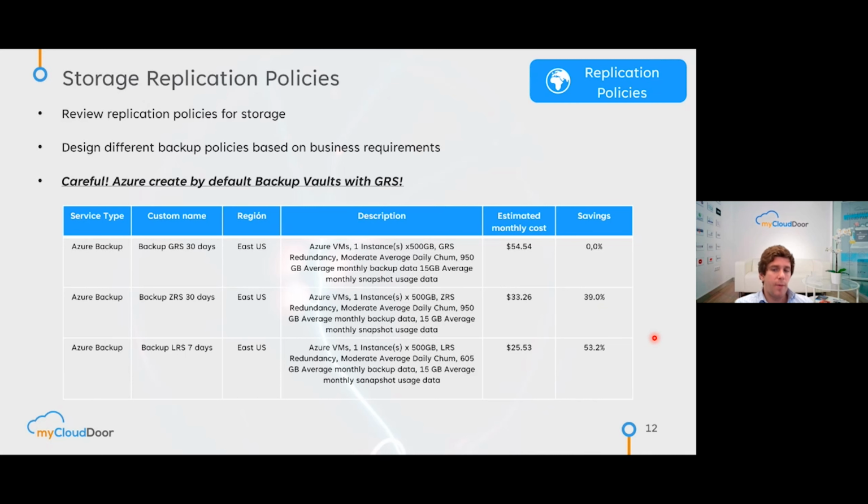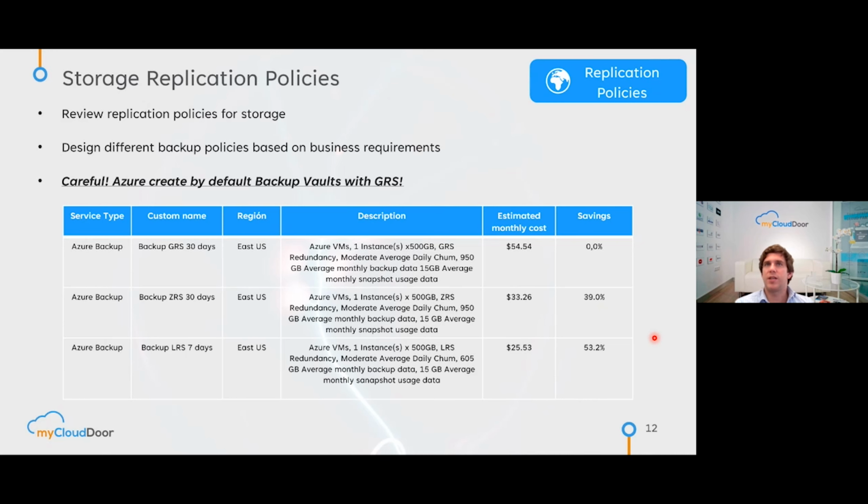So here I have two comments. First of all, you need to be careful because by default, Microsoft creates the backup vaults with geo replication, with the most expensive policy. So when creating any backup vault, depending on the workload and your business requirement, you should change that at the beginning of the deployment. And then try to create different backup policies based on business requirements.